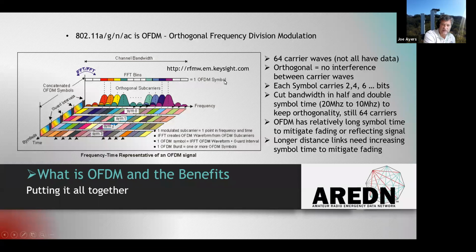One thing to keep in mind for our use is that we often go from a 20 megahertz to a 10 megahertz or even a 5 megahertz channel. So what's happening here? We're still going to have 64 carrier waves. This is digital DSP.